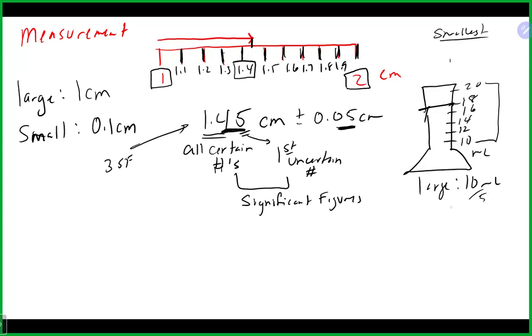So if we divide that, that's going to give us a small marking of 2 milliliters. So if you do find yourself falling between two numbers in this particular scale, that's 18 and 20, which means the best we could do in this case would be 19 milliliters, with our uncertain number being the 9, and we have two significant figures.